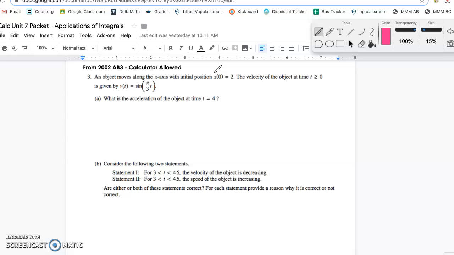All right, so for this problem, we're given the velocity here and our initial position there. This first part is asking what's the acceleration of the object at t equals 4.